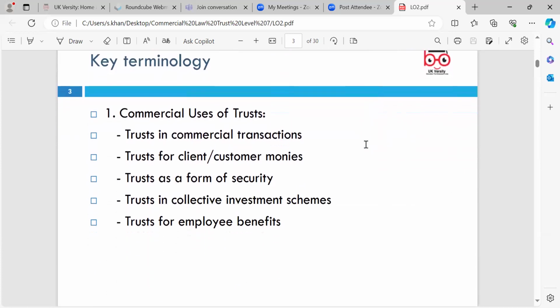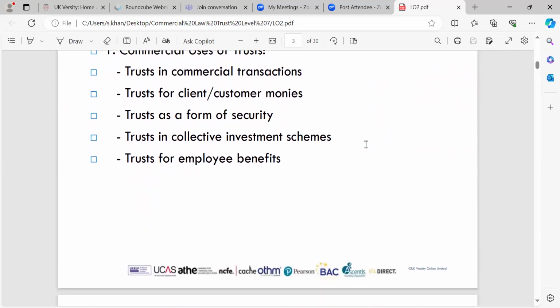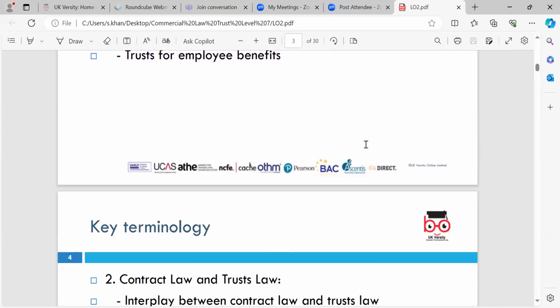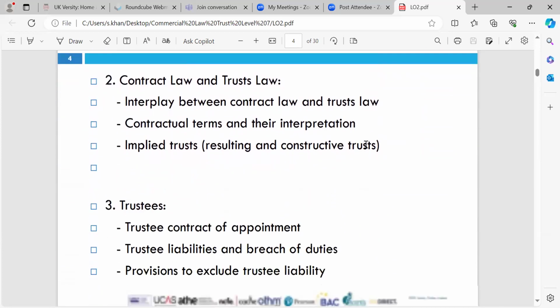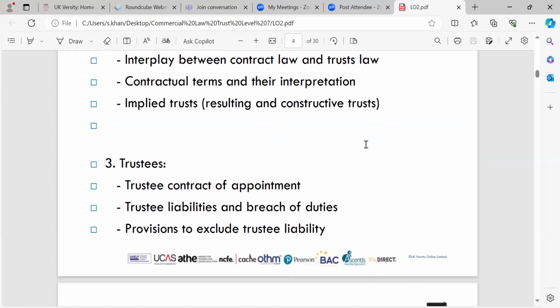Key terminology. So we've got commercial uses of trusts. So you have trusts in commercial transactions, trusts for client and customer monies, trusts as a form of security, trusts in collective investment schemes, and trusts for employee benefits. Number 2, you look at contract law and trust law: the interplay between them, how they work together, contractual terms and their interpretation, implied trusts, resulting and constructive trusts.